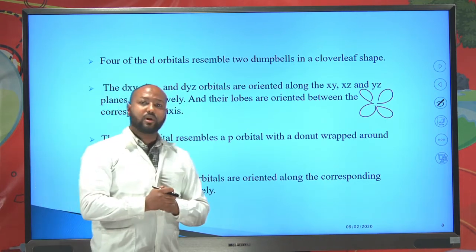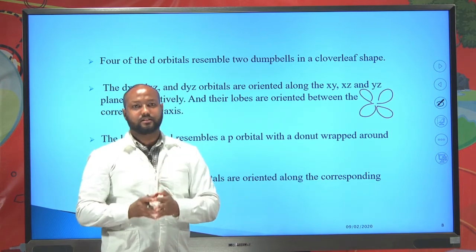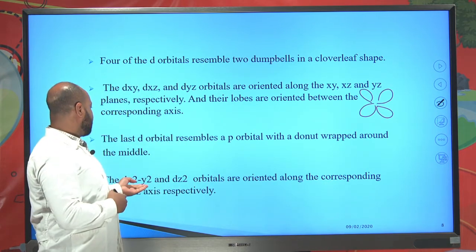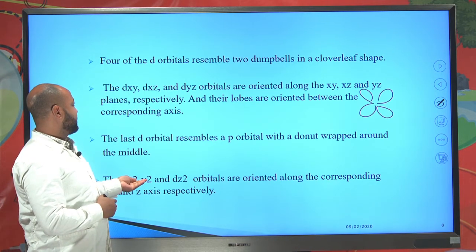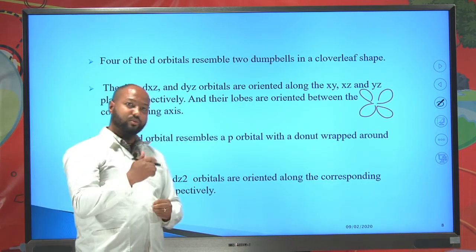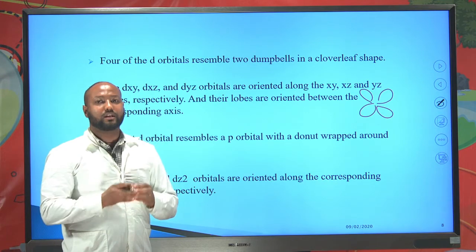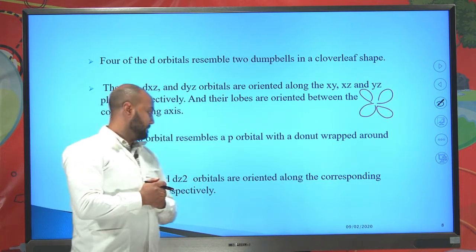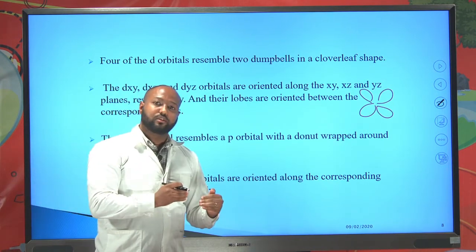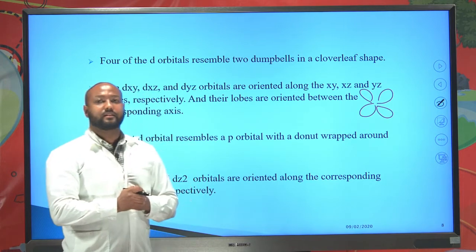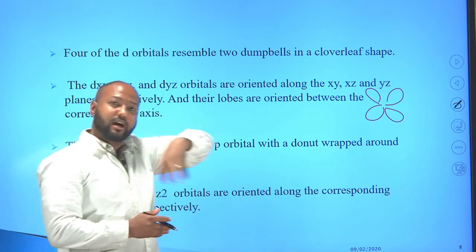And dyz is oriented between the y-axis and z-axis. But dx squared minus y squared is oriented along the x and y axes like p orbitals. And dz squared is oriented on the z-axis, and it has a donut wrapped around the center.